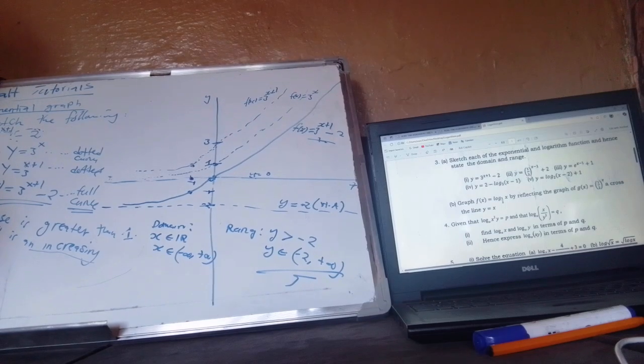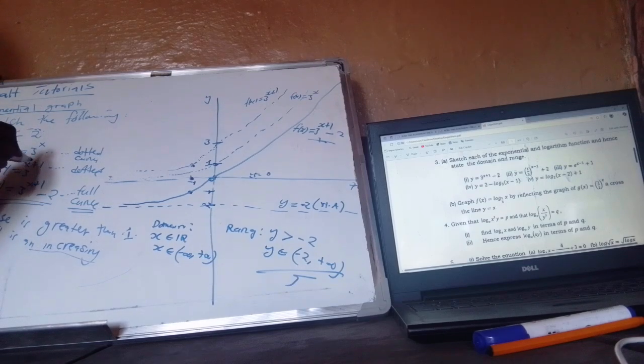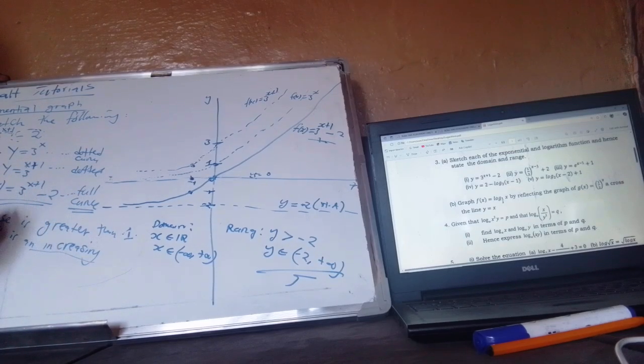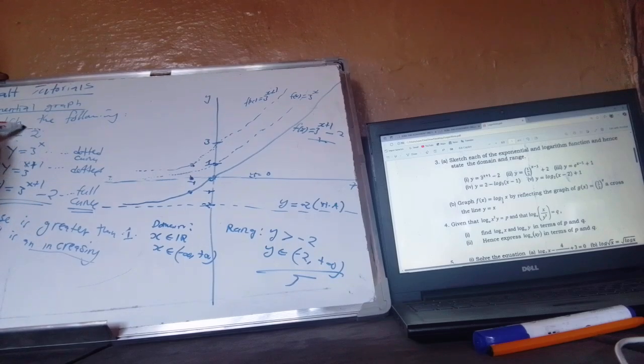So in the power, it is a horizontal translation. If it is plus 1 like this, it is 1 unit to the left. If it was negative 1, it would be 1 unit to the right. After you are done with the power, go to your constant value, which is minus 2. The minus 2 means 2 units downwards. So this constant always obeys the sign. If it is negative, it is 2 units down. If it is positive, 2 units up.